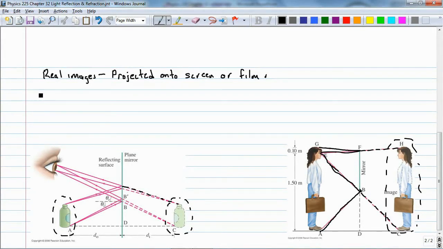And you put it on a different medium. Then you have virtual images, and those exist behind the mirror and can't be projected.